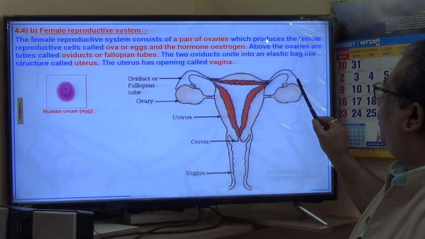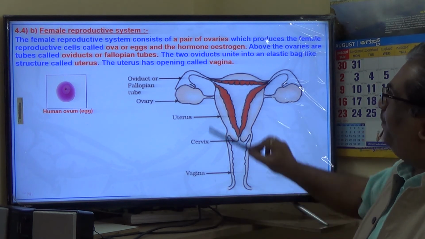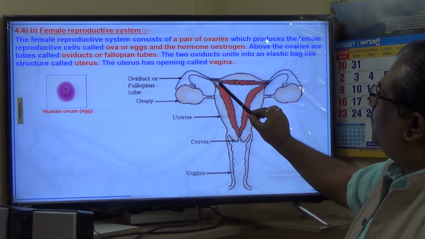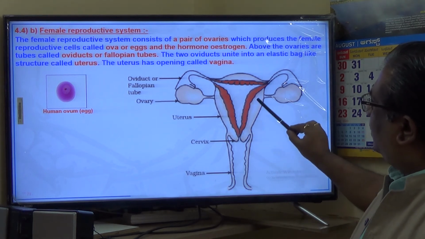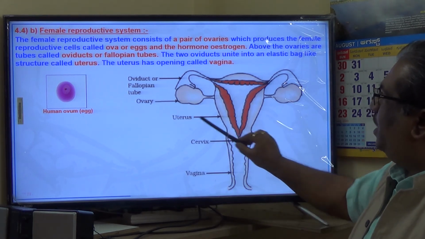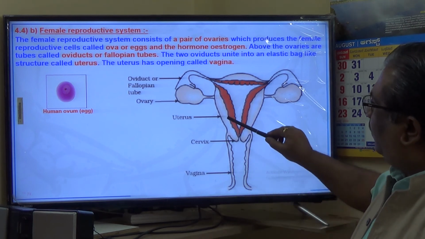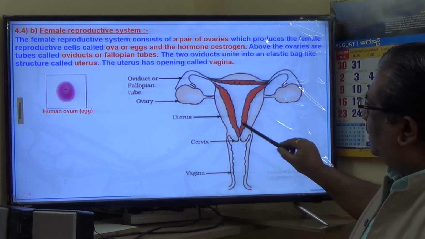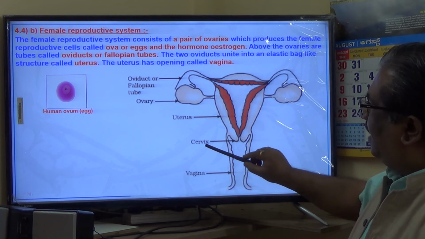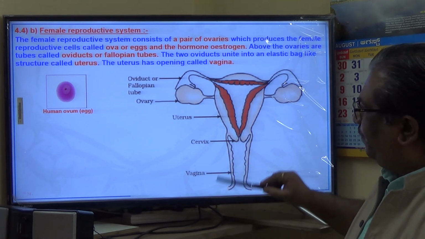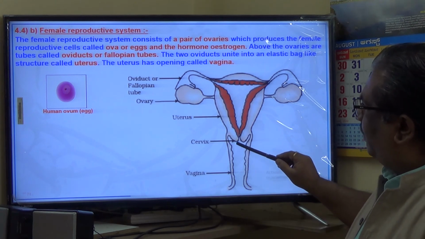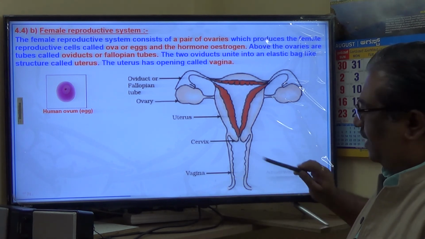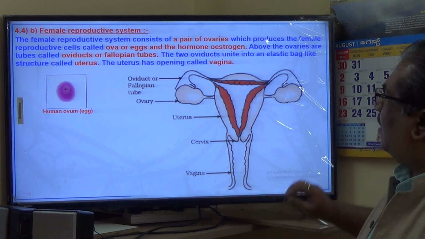And these fallopian tubes enter into, here you can see, a thick bag-like structure called uterus. And finally, the uterus ends up with the cervix, and finally with the vagina. So these are the components.